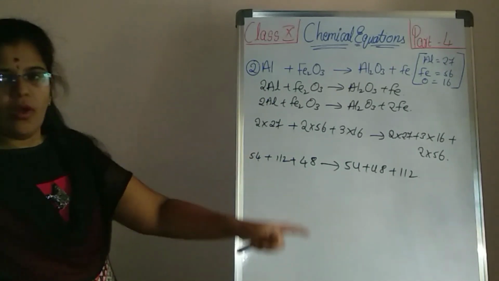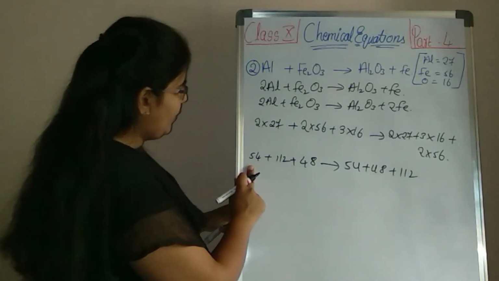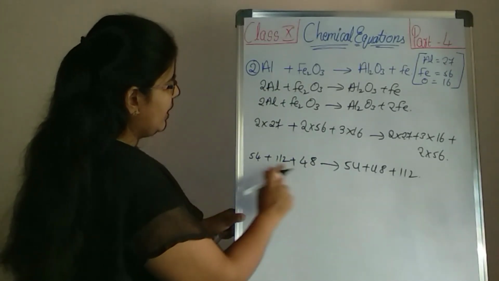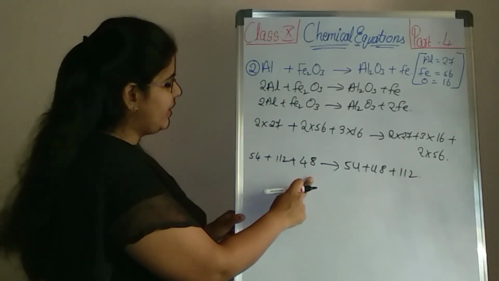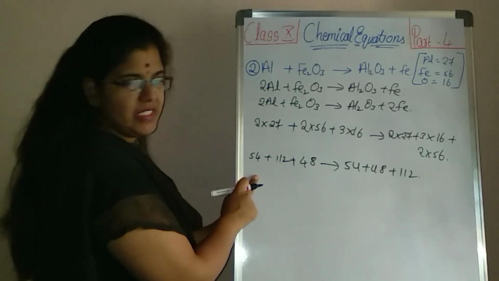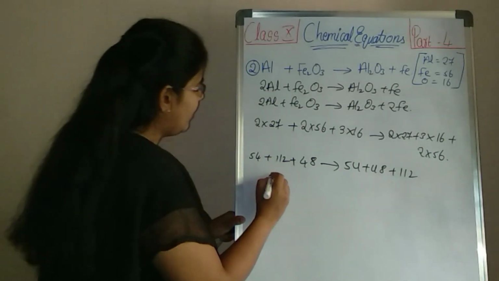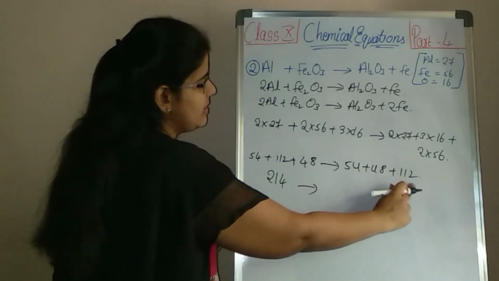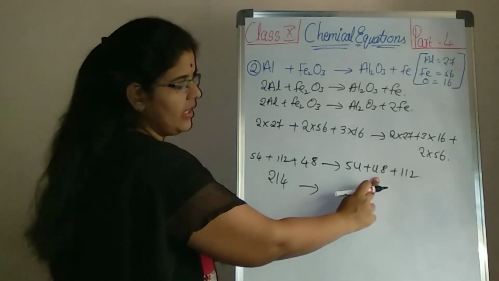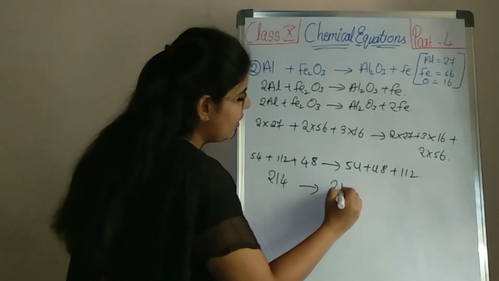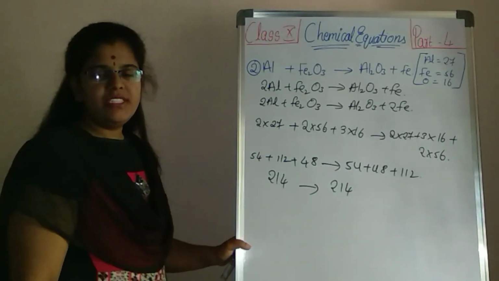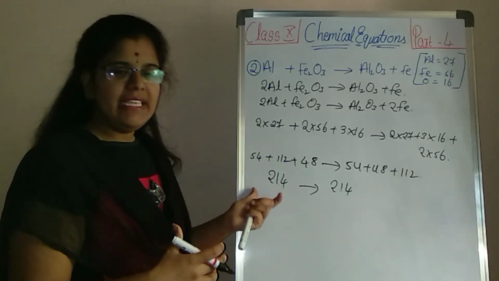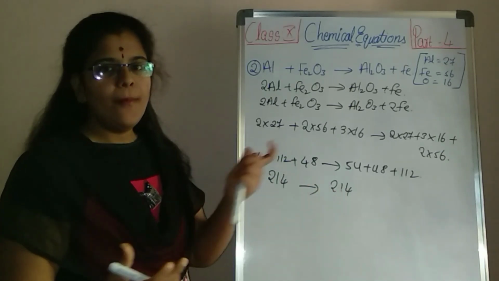Let us sum up all the values. 112 plus 48 is 160, 160 plus 54 is 214. So 214 on this side, and on the other side also 112 plus 48 is 160, 160 plus 54 is 214. These are the atomic weight values. So we have calculated that the weight of the reactants is equal to the weight of the products.